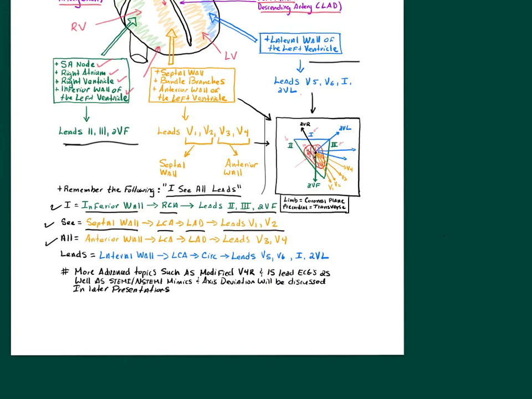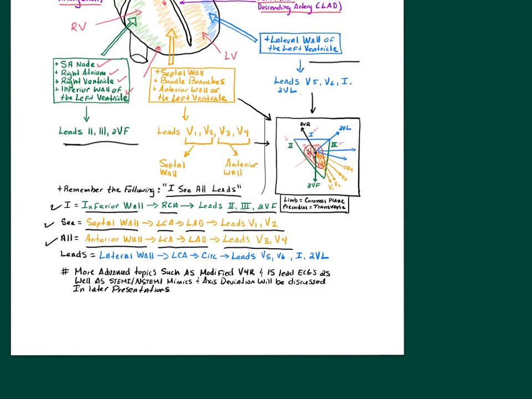A is the anterior wall of the left ventricle. Okay, again, includes the LCA and the LAD, and those are leads V3 and V4. So V1 and V2 is septal, V3 and V4 is anterior.